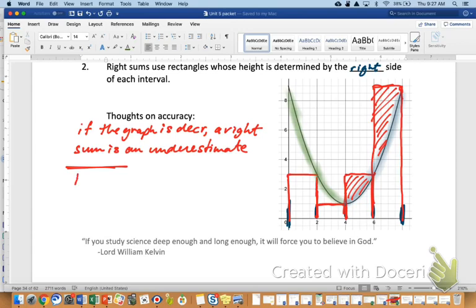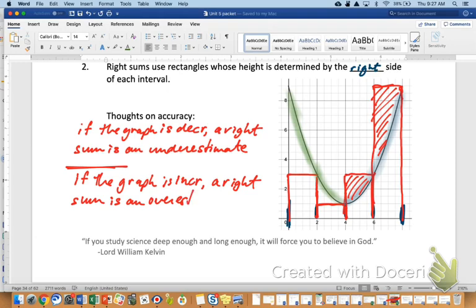So we could say, in general, if the graph is increasing, a right sum is an overestimate. Okay, so we did a left sum, we just did a right sum. Now we're going to move on to the last two.